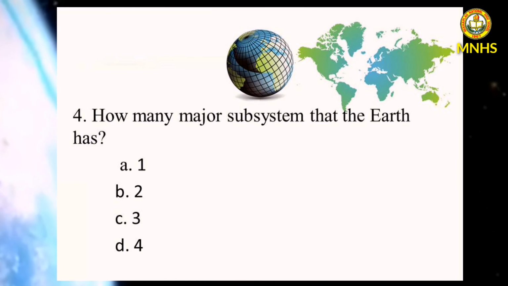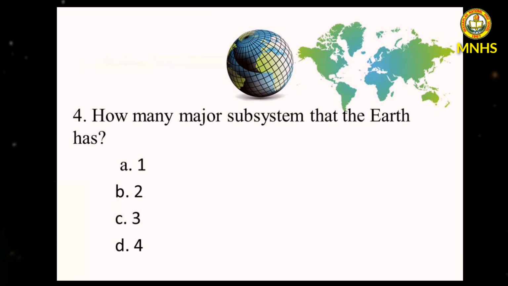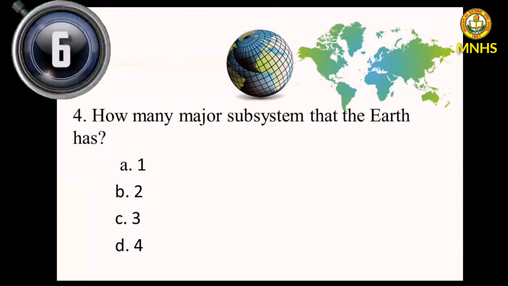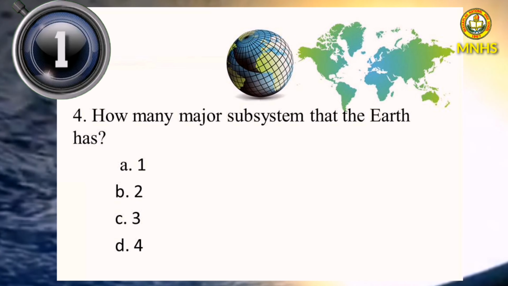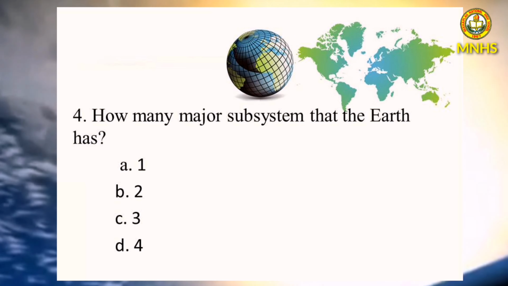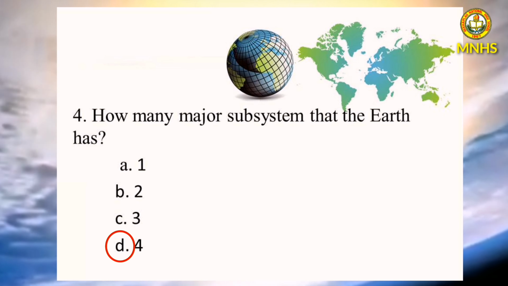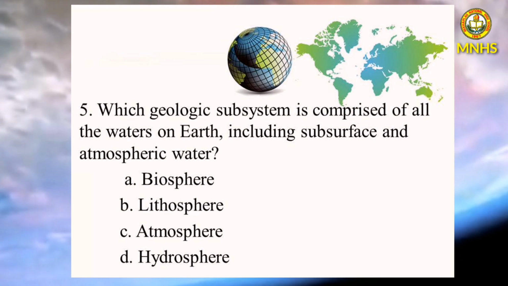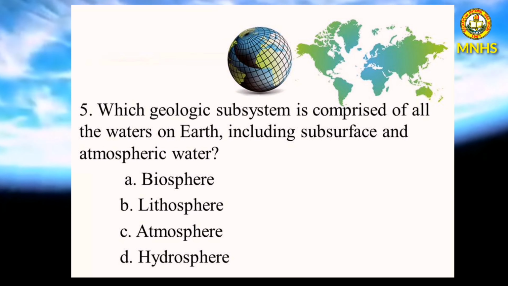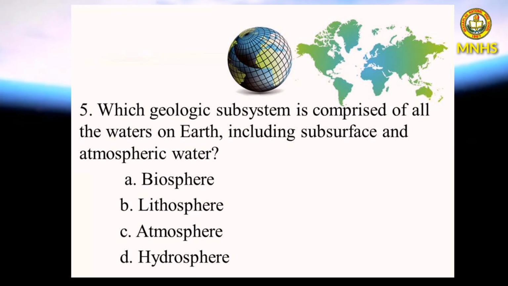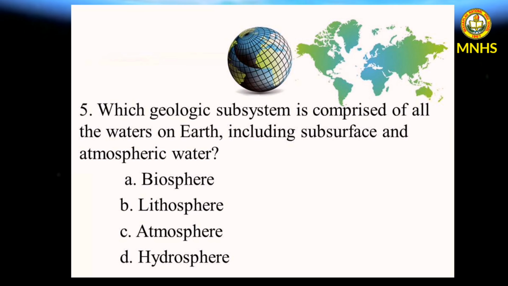Question number 4. How many major systems does the Earth have? Question number 5. Which geologic system is comprised of all waters on Earth, including subsurface water and atmospheric water?